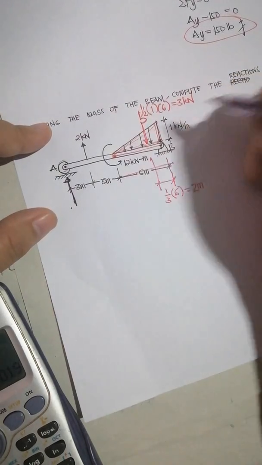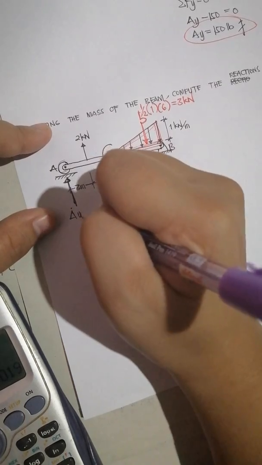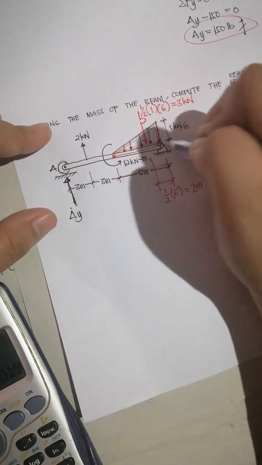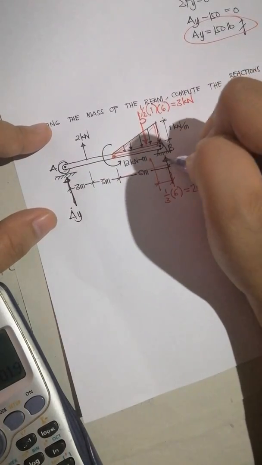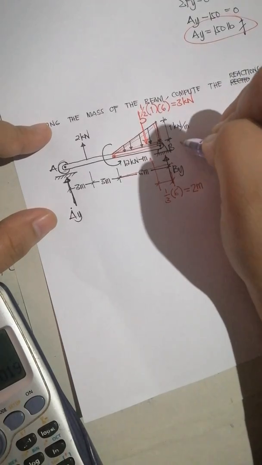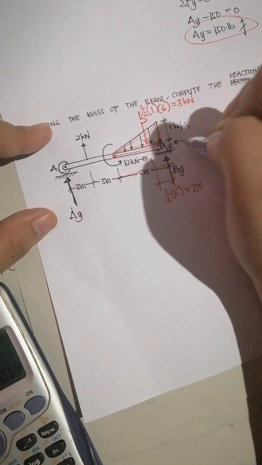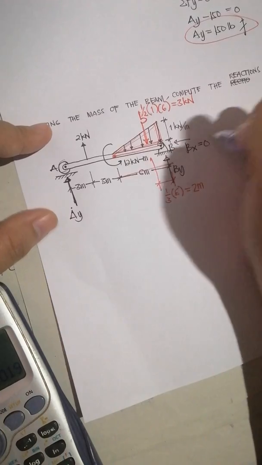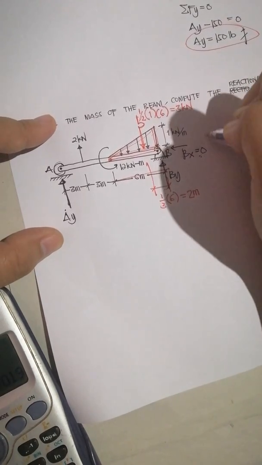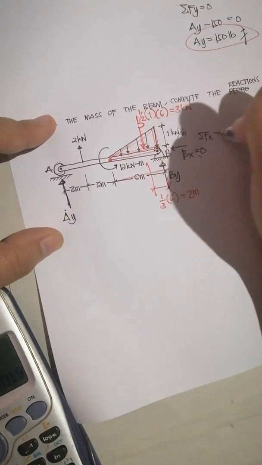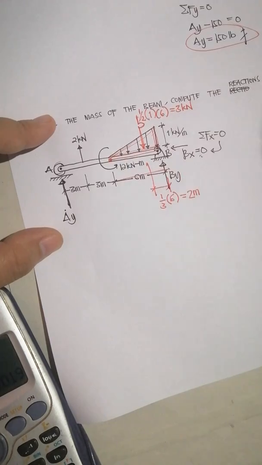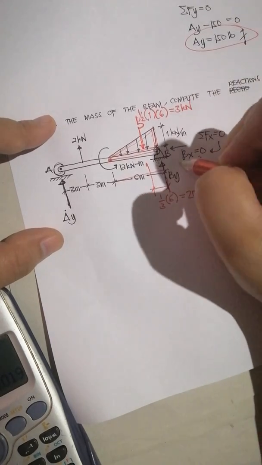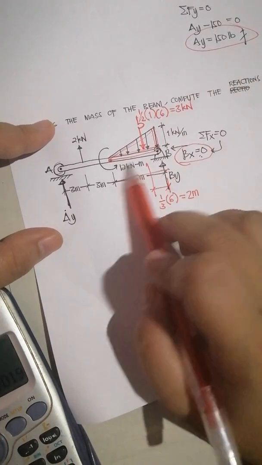Let's say this is A and this is B. AY, and then at B, the pin support, you have two reactions, BY and let's say BX. Sum of forces in x equals 0, so BX is equal to 0 because there are no other horizontal forces.